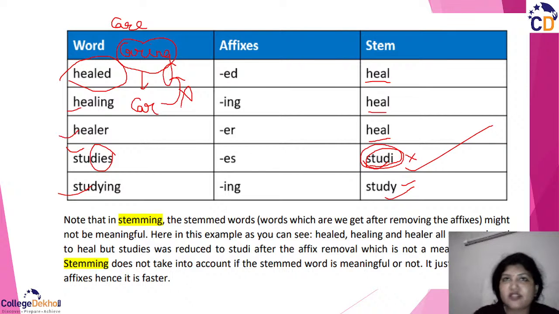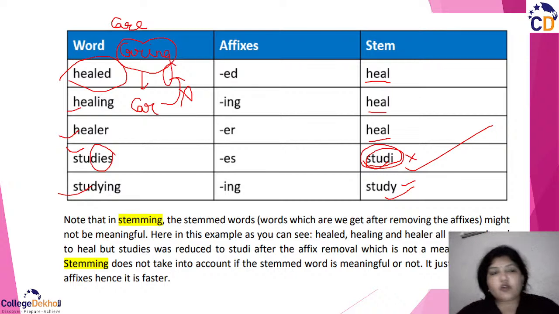Yes, it is very fast, just removing the affixes and giving you the output. Whenever you have very highly confidential data or security is involved, we might not be using such kinds of functions.